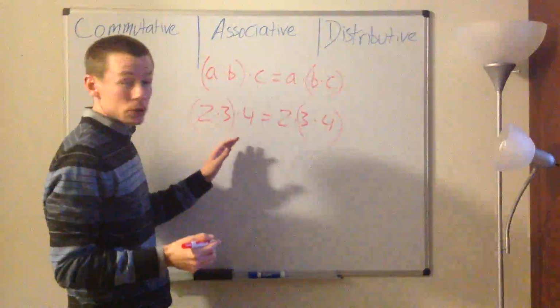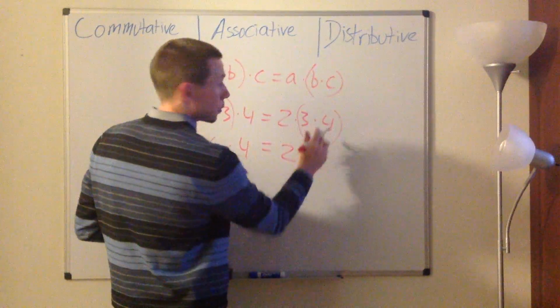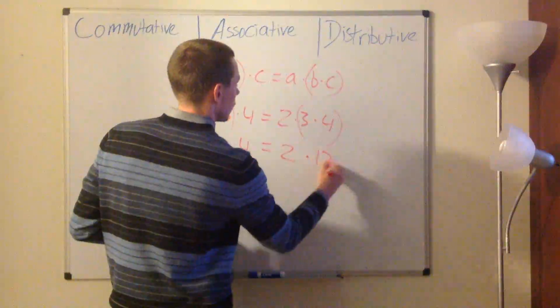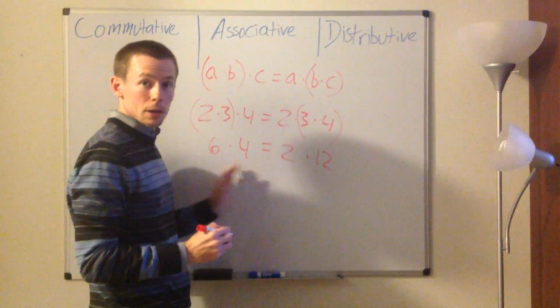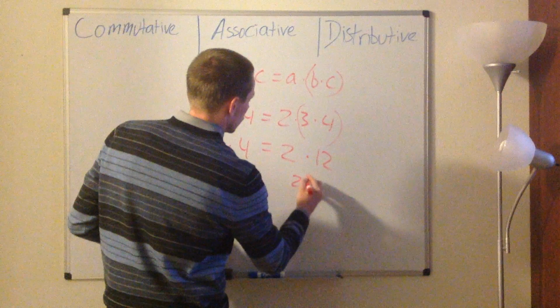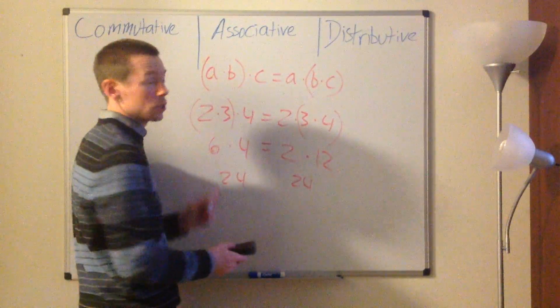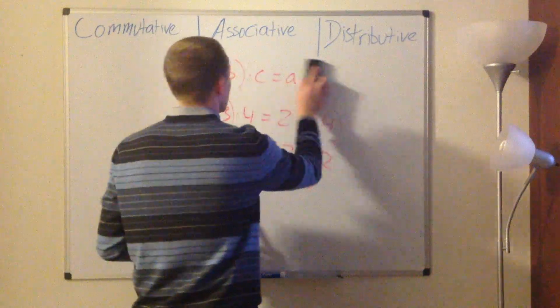So this is 2 times 3 is 6. 3 times 4 is 12. And 6 times 4 equals 24, and 2 times 12 equals 24 as well. Okay, that's the associative property. Let's look at one more property.